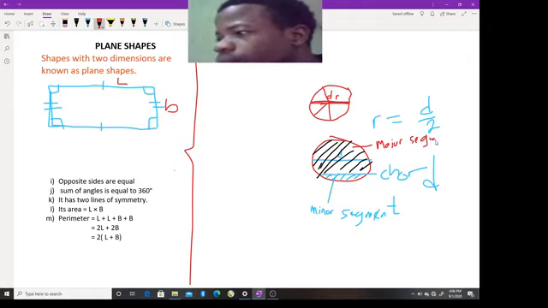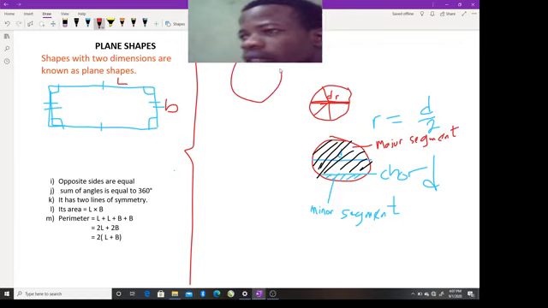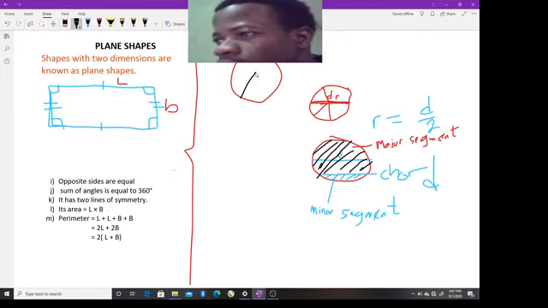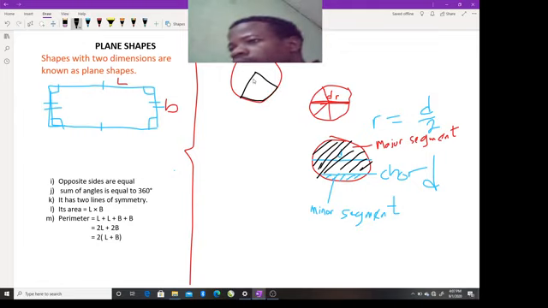Now, the other properties of the circle. If I have a circle and I have something like this drawn, an angle is subtended at this point.